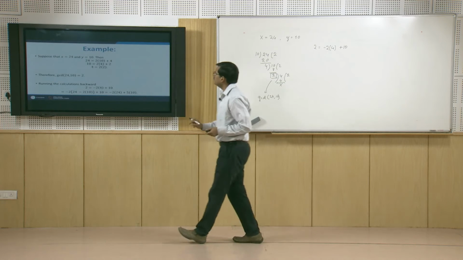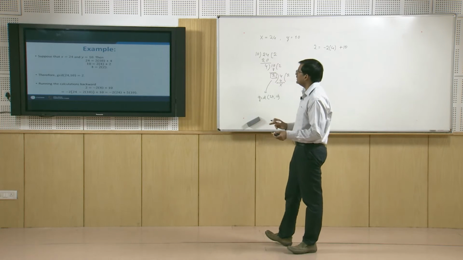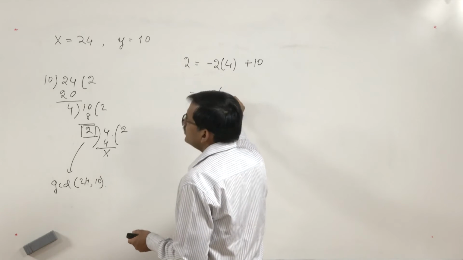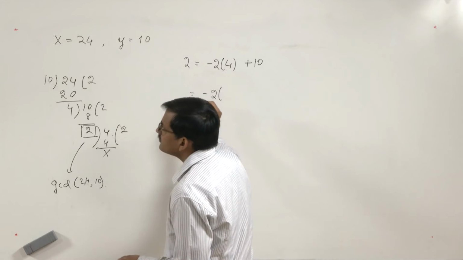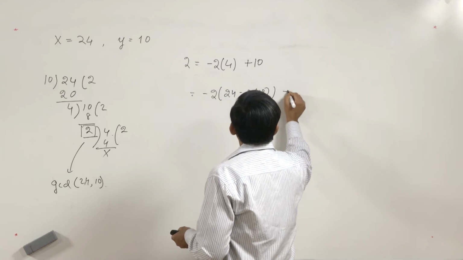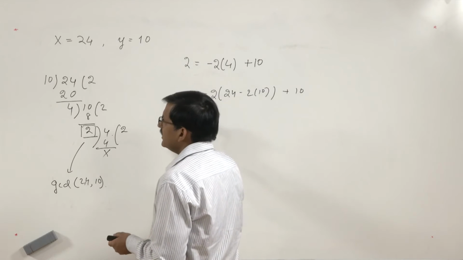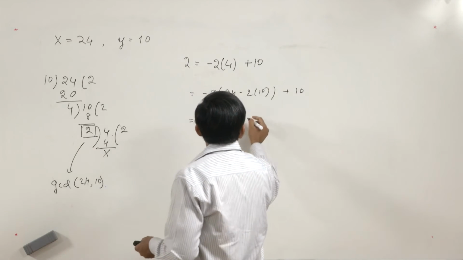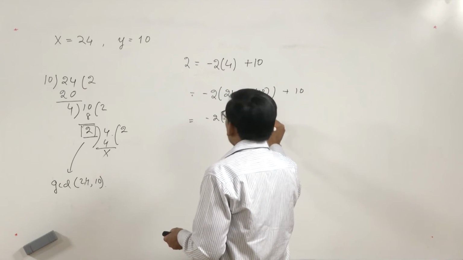So, 4 equal to 24 minus 2 times 10, and you have got 10 here. So, 2 is equal to minus 2 times (24 minus 2 times 10) plus 10, and this gives me minus 2 times 24, and here it is plus 5 times 10.